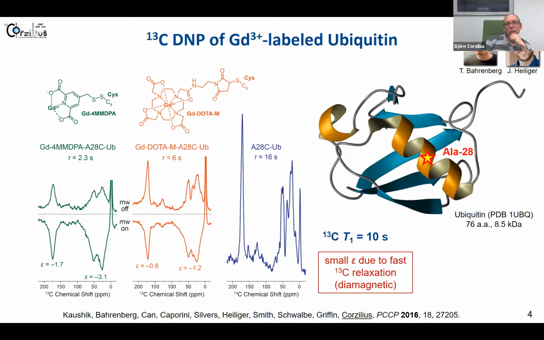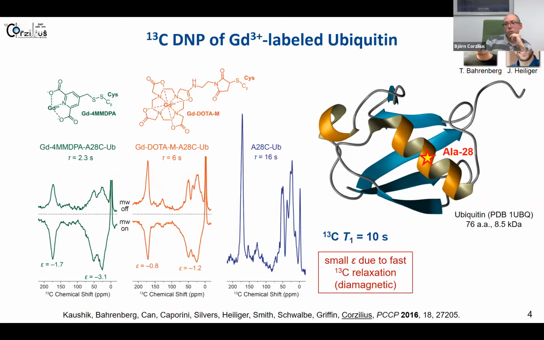So we think that we don't have these in ubiquitin yet, and one measure could be that we measure the relaxation rates and compare those with the DNP.